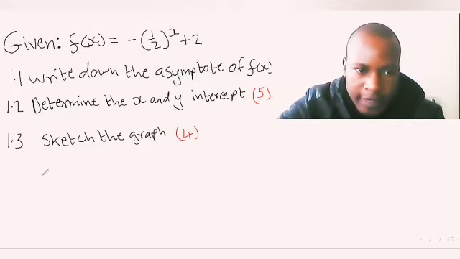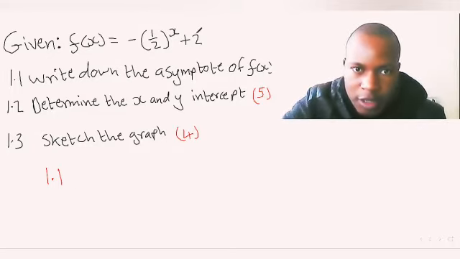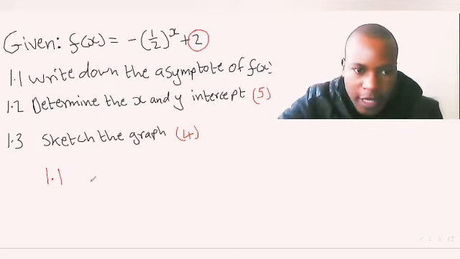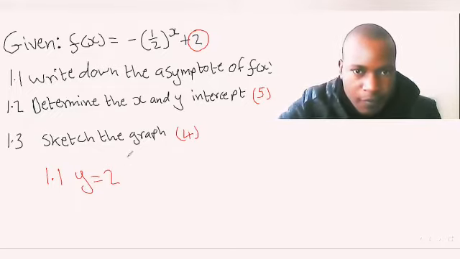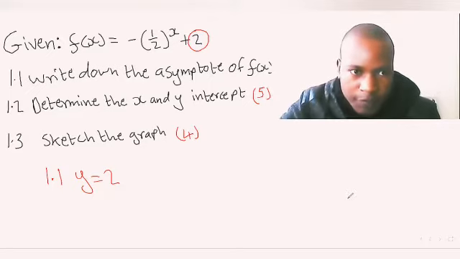Again, to write down means that there's no calculation involved. We essentially just need to identify the horizontal asymptote. In this case, the horizontal asymptote would just be y equals 2. So that was 1.1, where we needed to identify the horizontal asymptote.